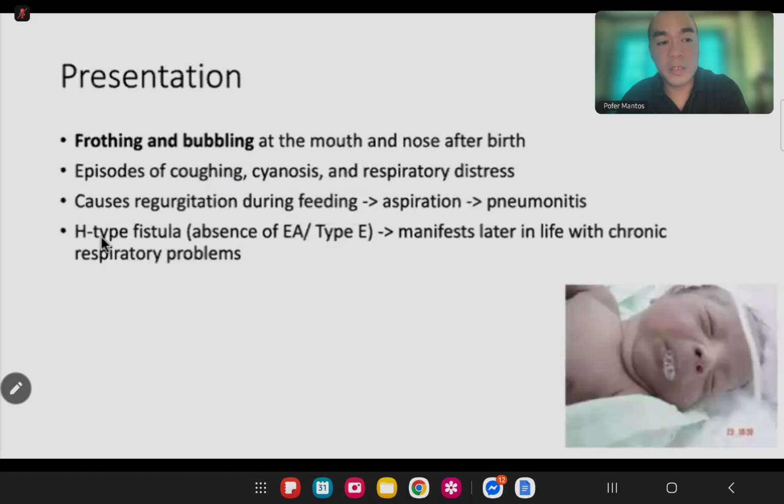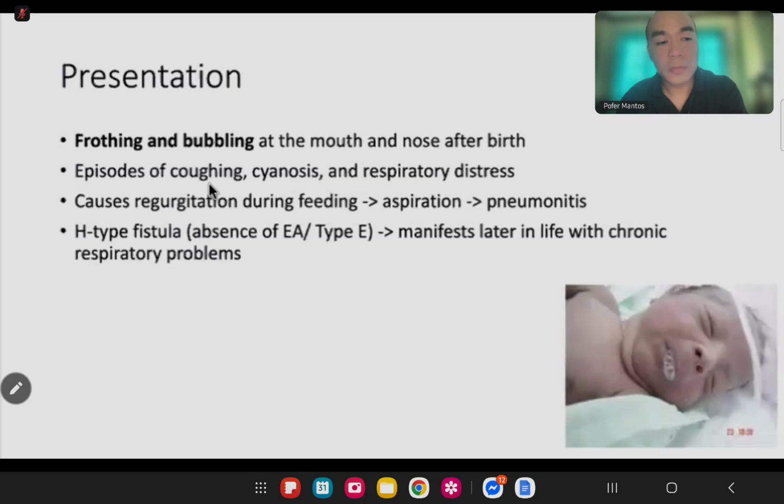The manifestation of H-type fistula is more of recurrent respiratory symptoms, especially pneumonia. So you have to consider this H-type fistula in those babies na mag-on and off ang ilang pneumonia.